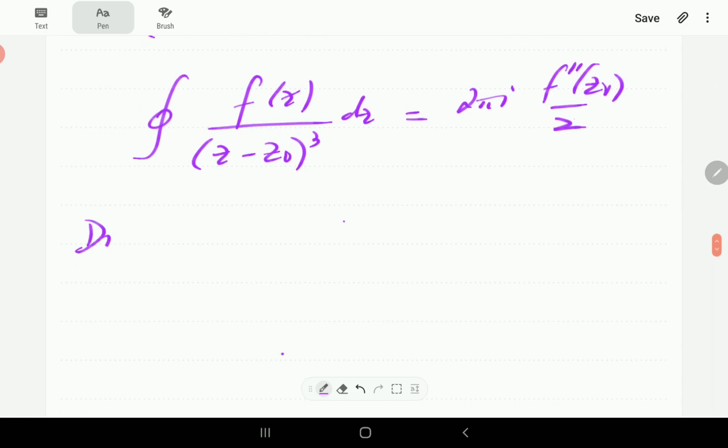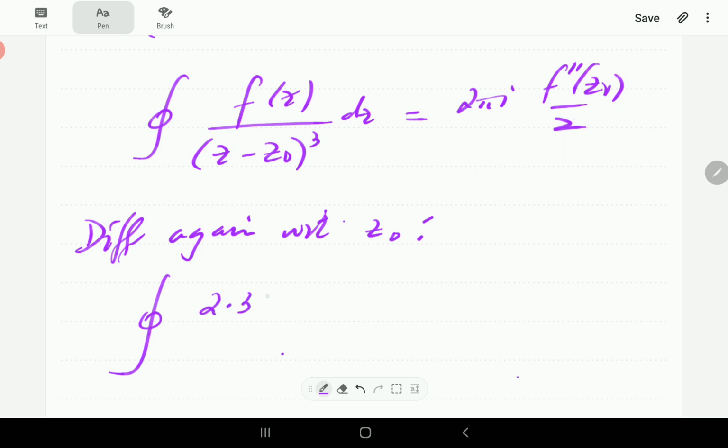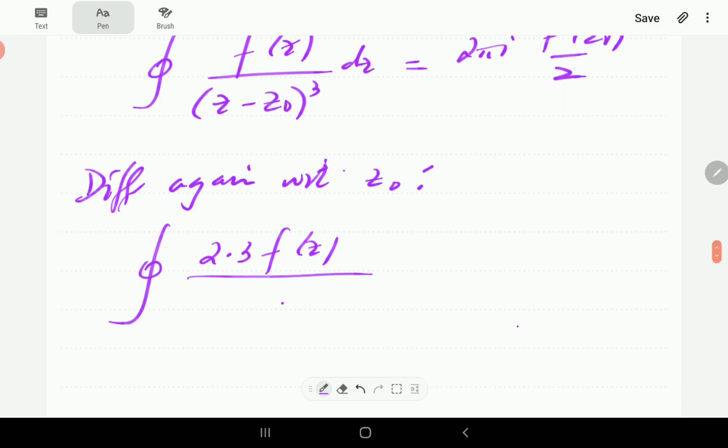Differentiating again with respect to z naught here gives us 2 times 3 times f of z divided by z minus z naught to the power 4 dz.